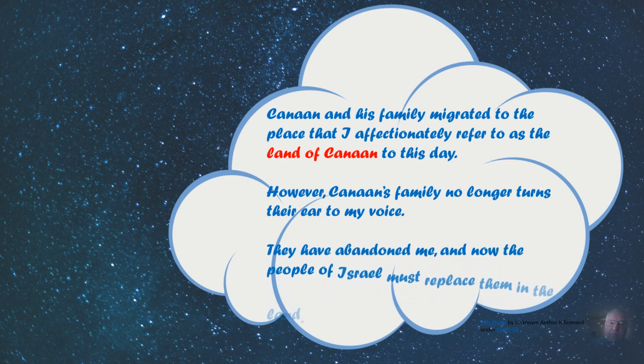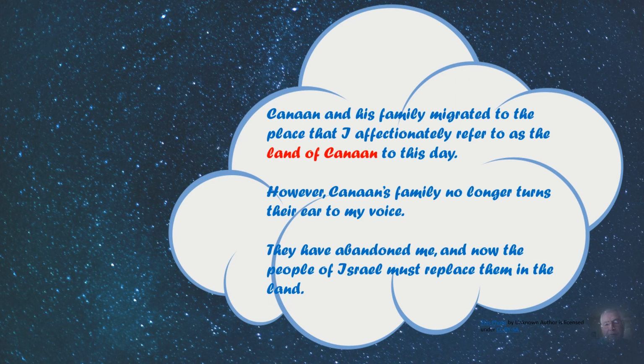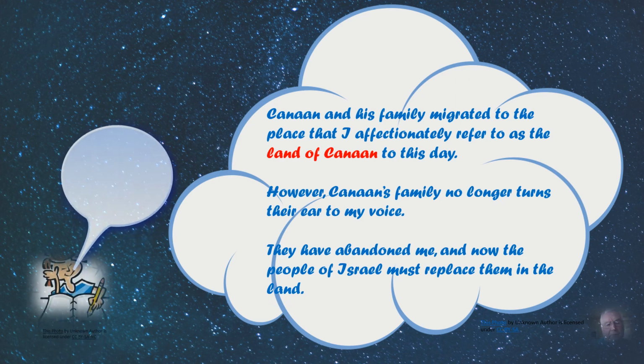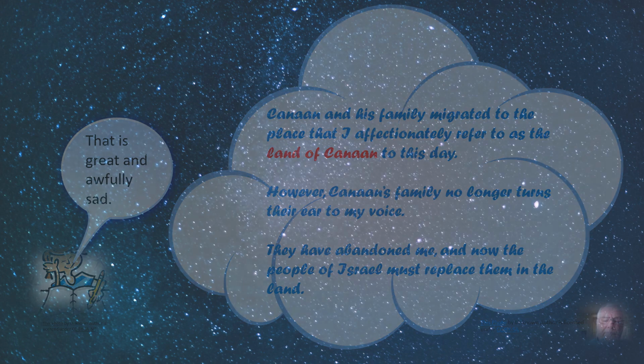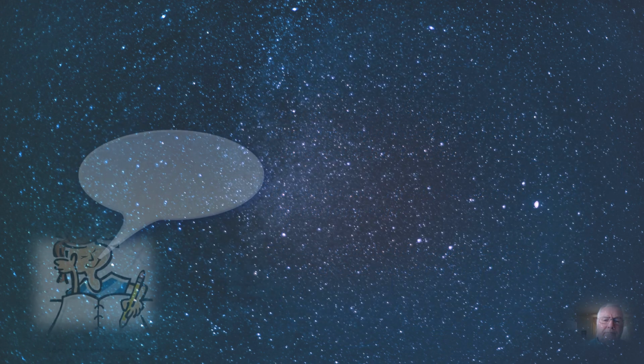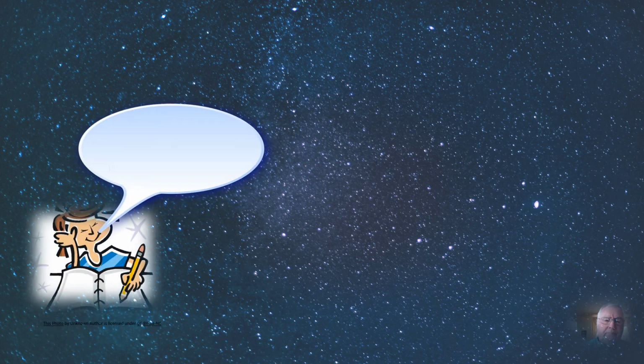They have abandoned me, and now the people of Israel must replace them in the land. That is great and awfully sad. Is it possible that the same thing could happen to the people of Israel?